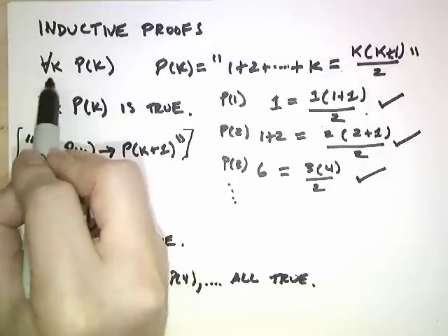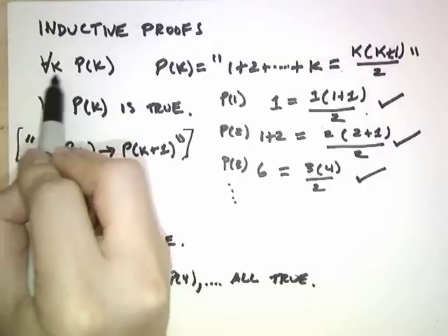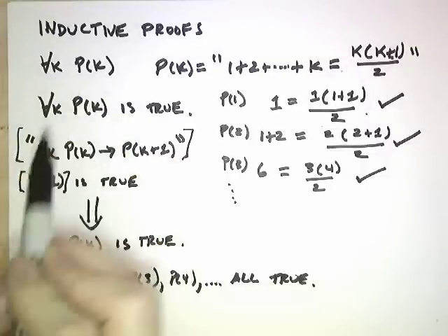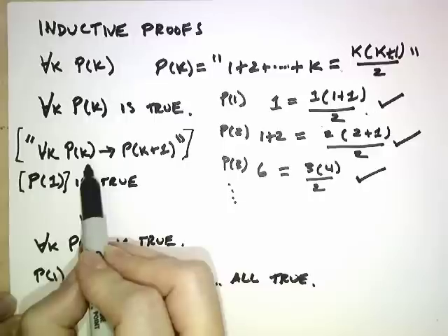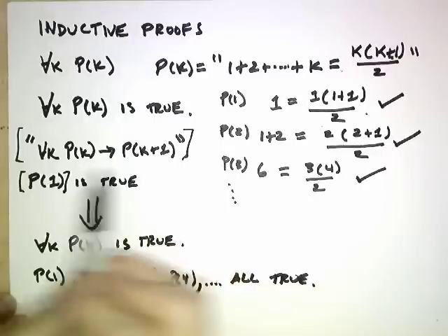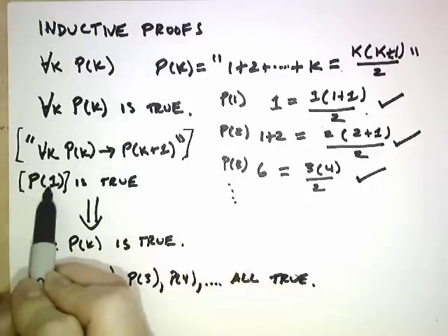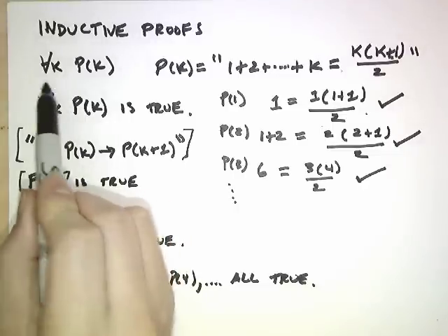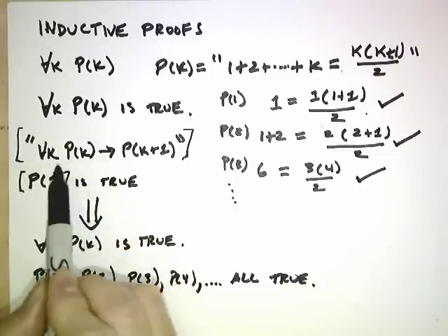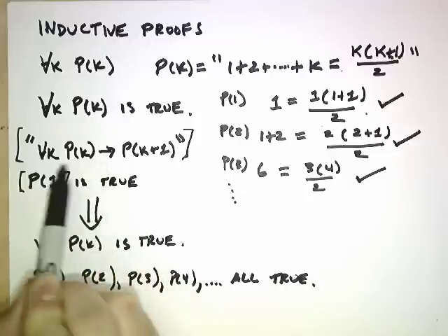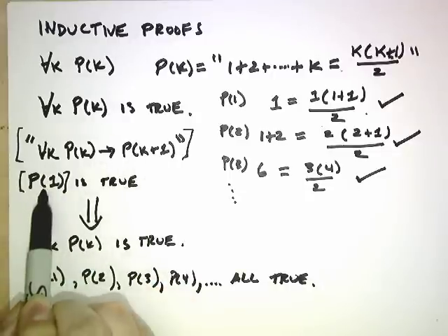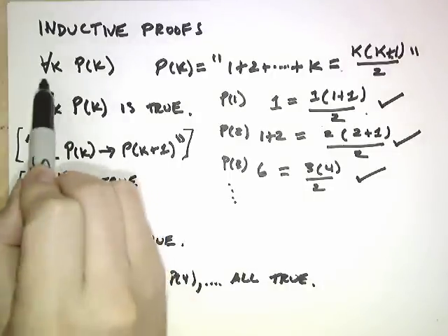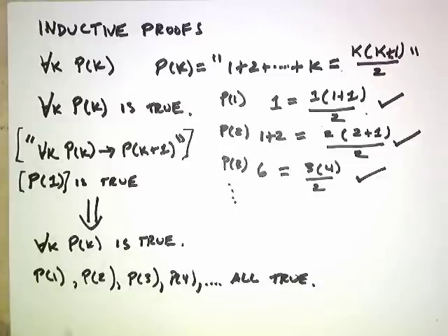So we've changed the problem from proving for all k, P of k to instead showing for all k, P of k implies P of k plus 1, and proving that P of 1 is true. It's sort of a subtle change. We haven't changed our proof strategy too much, but in many, many cases it's easier to prove this statement and then show P of 1 as opposed to directly showing the original statement.